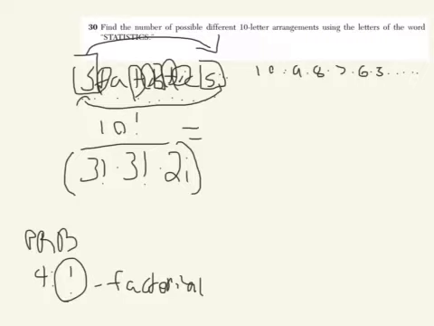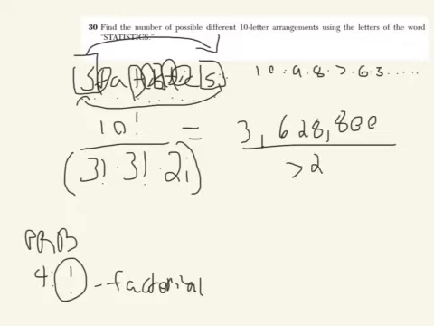So 10 factorial becomes 3,628,800, and 3 factorial times 3 factorial times 2 factorial becomes 72.